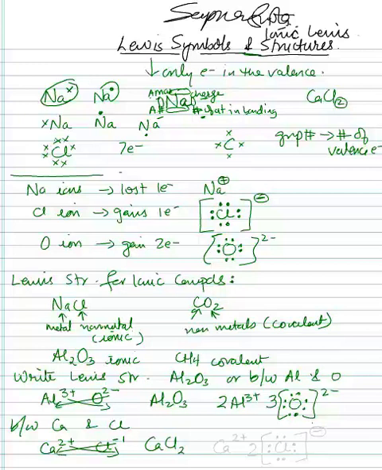So to write the Lewis structure for calcium chloride, you will have calcium as 2 plus. Calcium doesn't have any electrons left now. It gave both of them to chlorine. And chlorine, you will write, it becomes chloride now. It's not chlorine anymore. If you say chlorine, then that would seem it is Cl2.